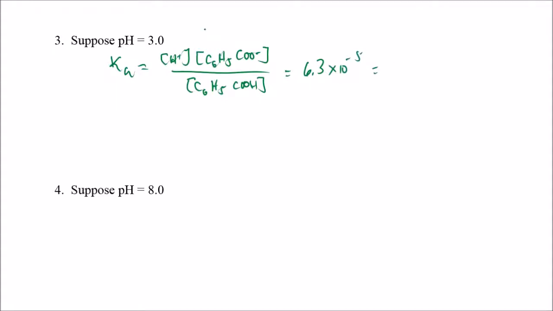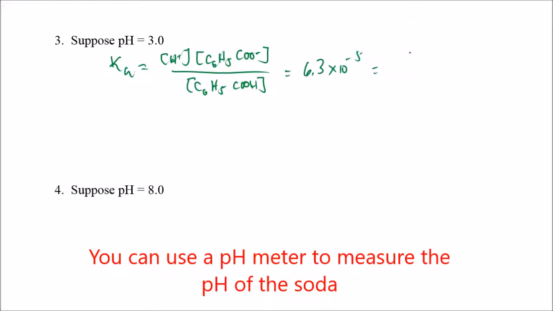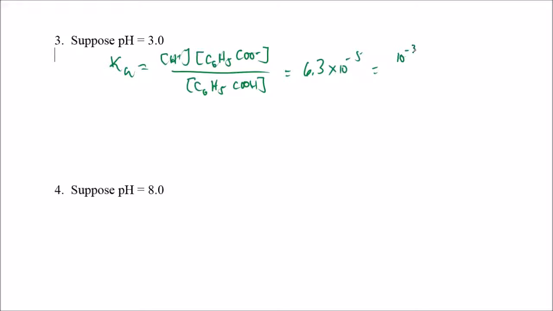And now let's say pH is 3, which may be true in the soda. pH is low in the soda. So let's say H plus at pH 3 is 10 to the minus 3. And then I'm just going to express this as a ratio instead of thinking of that as individual numbers, because it is a ratio. And that's really what you care about. What fraction, what percentage is in each of these forms.